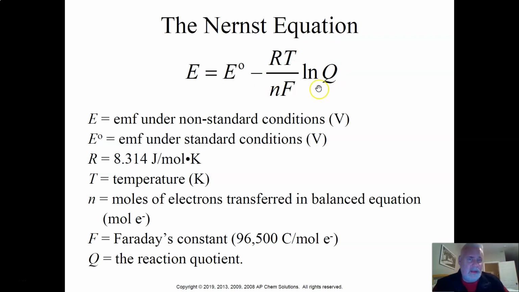So having that in there is an important part of showing the relationship, because if you know what the equilibrium constant is at that given moment, or Q, that will allow you to say how it's related to what it would be under standard conditions.